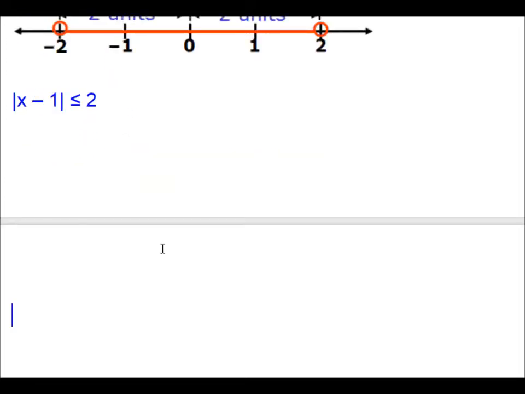So let's solve another one here. Mod of x minus 1. Whenever we want to remove the mod, x minus 1 will become x minus 1 is less than or equal to 2, or x minus 1 is greater than or equal to minus 2.